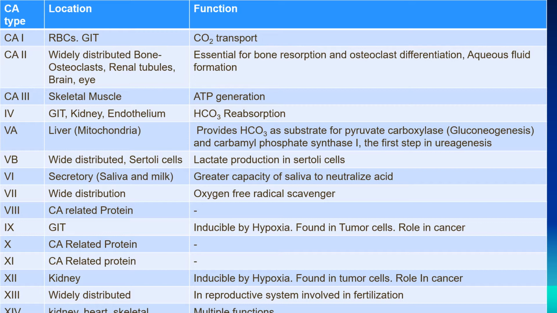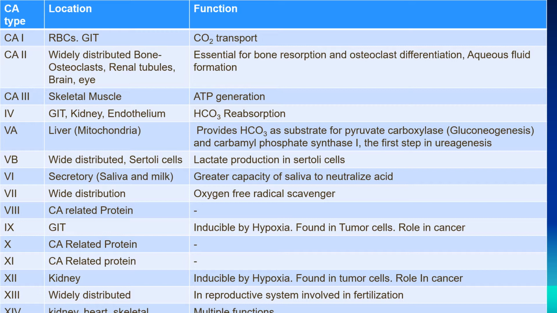Type 6 is secretory and it actually increases the capacity of saliva to neutralize acid and may have anti-plaque activity. Type 7 is again widely distributed, and among other functions it has oxygen-free radical scavenger activity.